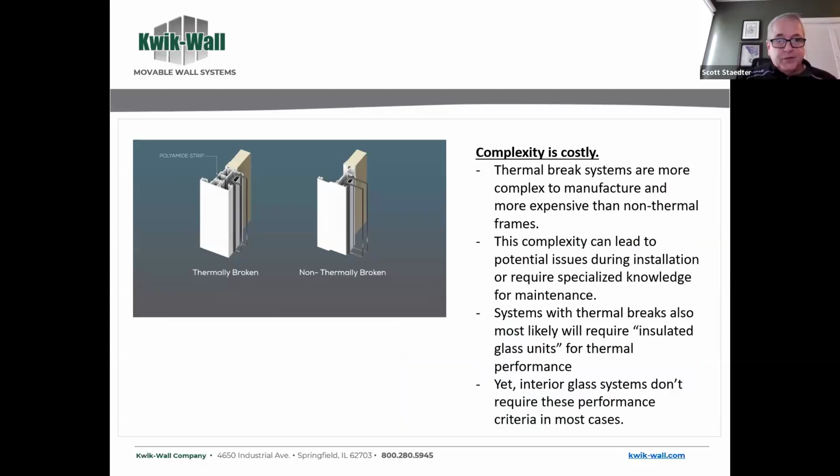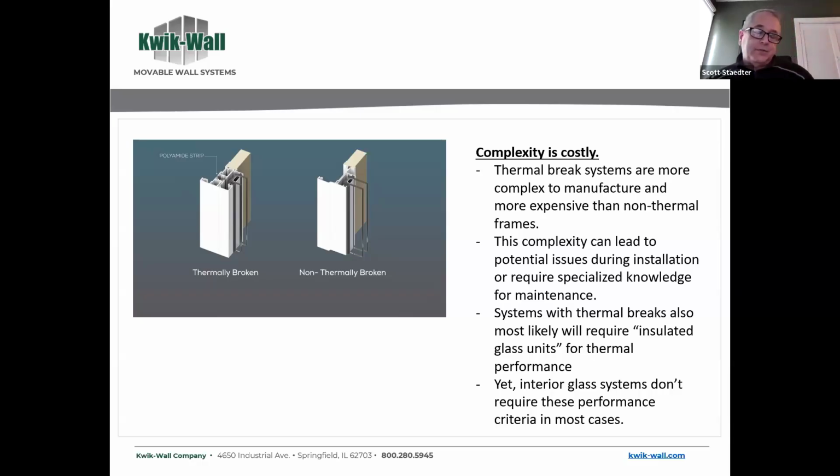with an interior wall. So exterior, because you've got to have thermal breaks, you're going to be almost always using a thermally broken frame because you can't transfer the thermal properties, whether it's going to be hot on the outside and cold on the inside, or cold on the outside and hot on the inside.